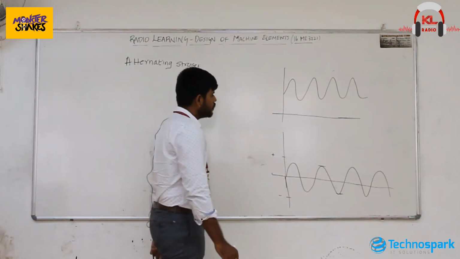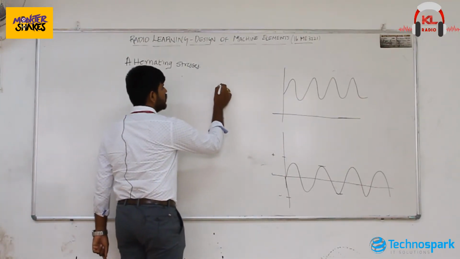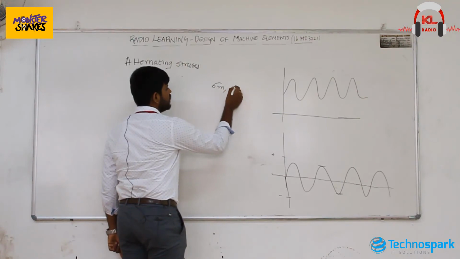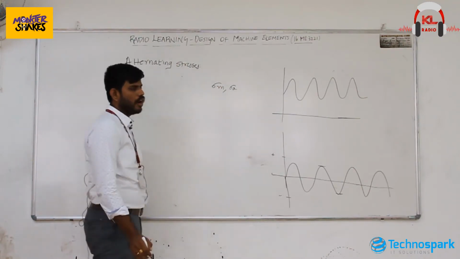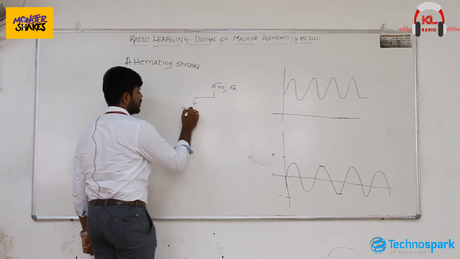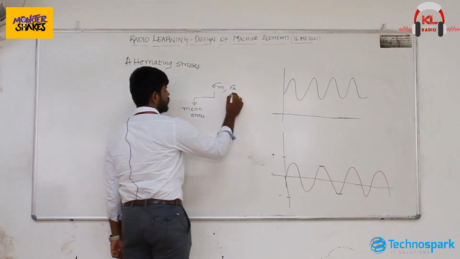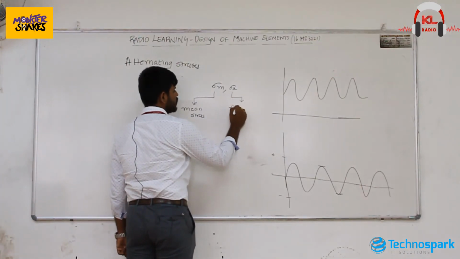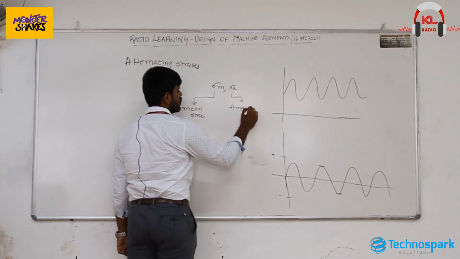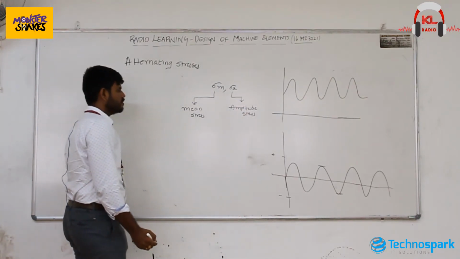Here it will be plus and here it will be minus. We have two components to find here: sigma mean and sigma amplitude. We call this the mean stress and this one the amplitude stress.